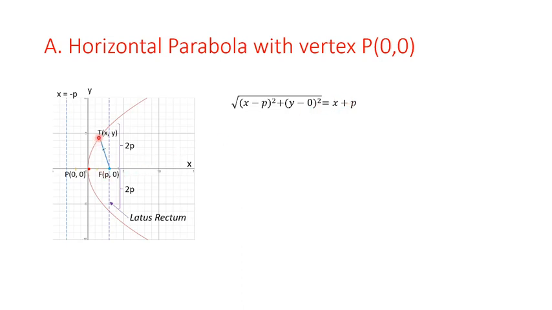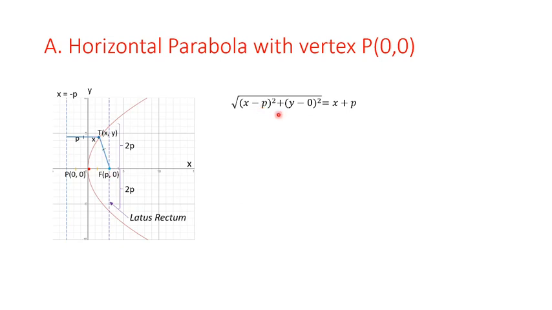You can check here, since it is equal distance from this point to the directrix line. This is x and this is p. This is the y-axis, this is the point x, y. So here the length is x, and from the y-axis to the directrix line the length is p. Then the total is x plus p. X plus p equals the distance between x, y and p, 0.